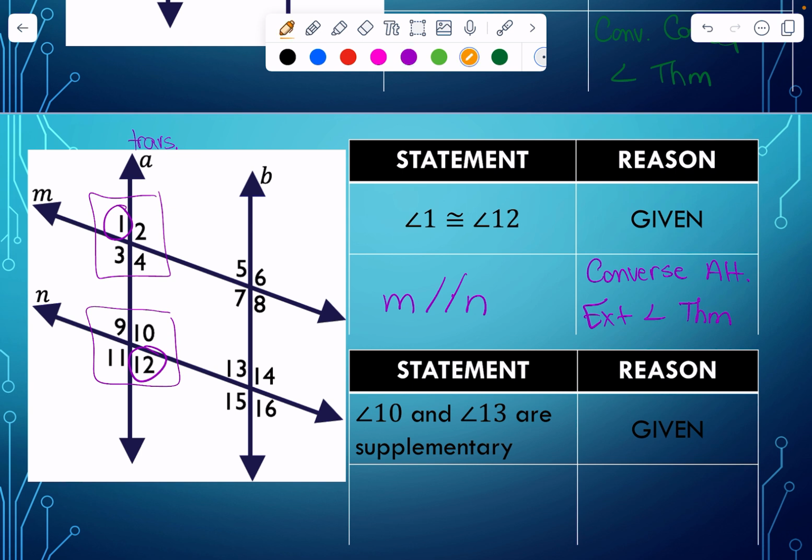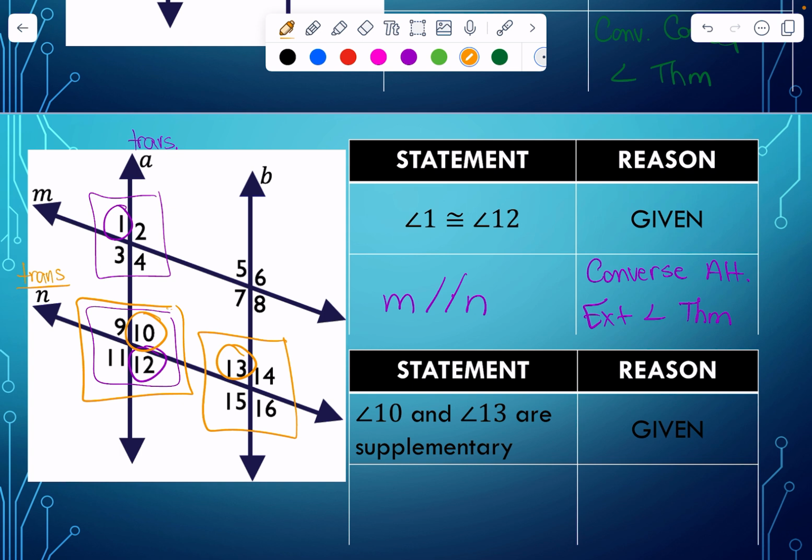And this last one here, I have 10 and I have 13. I'm talking about this intersection and this one. N is the one going between them, so the transversal there is N. 10 and 13 are consecutive interiors.